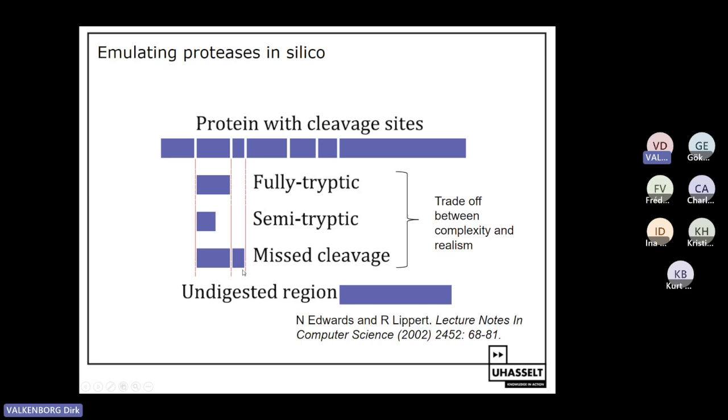It's also possible that our trypsin will miss a cleavage, and then we still have an intact arginine or lysine sitting in our peptides, and we can accommodate for that. So typically, we need to specify in the search whether we want to also consider miscleavages. That's easy. The other ones, like semi-tryptic peptides, are more complicated.